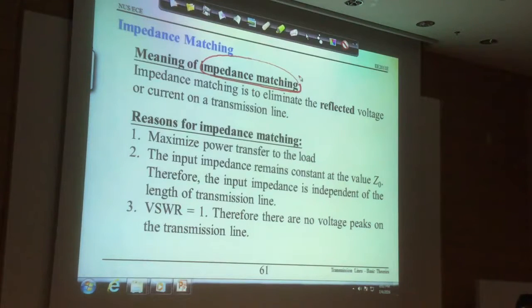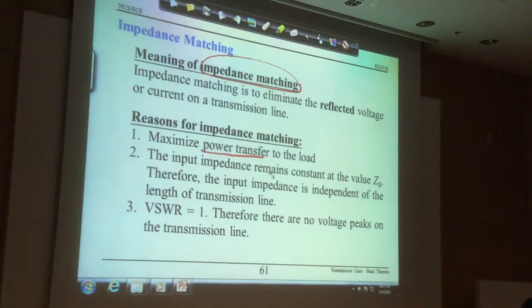The reason why we need to do impedance matching is to maximize power transfer. We have highlighted this many times, whether for plane wave transmission in an unguided, unbounded medium, or for a transmission line, which is a guided medium. The objective finally is to maximize power transfer, for instance, from the transmitter to the antenna, then transmit to free space.